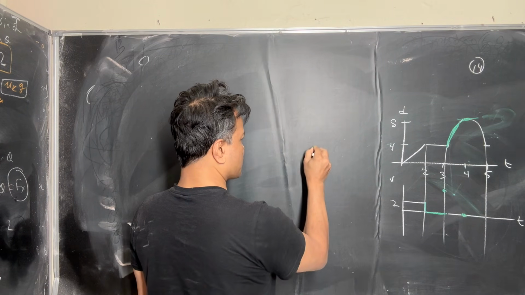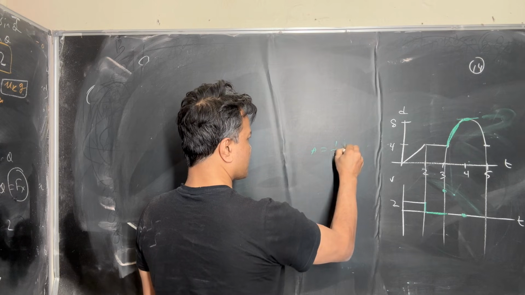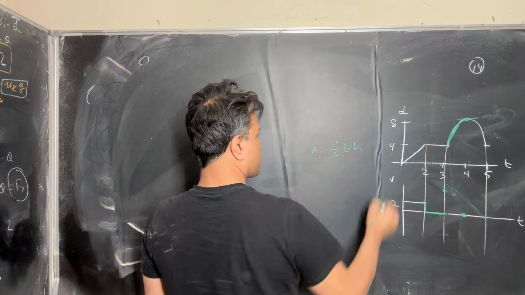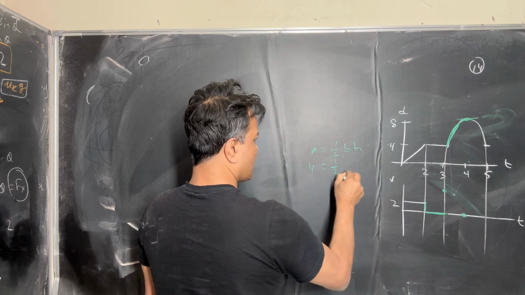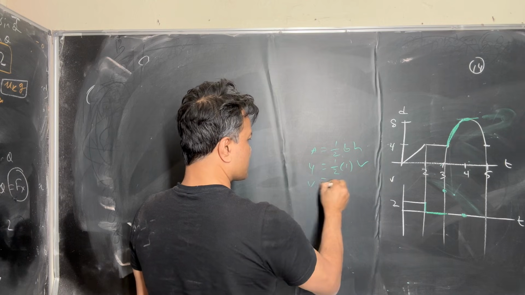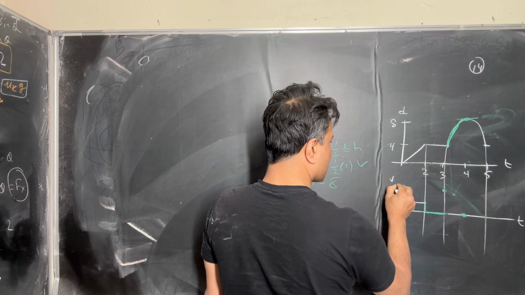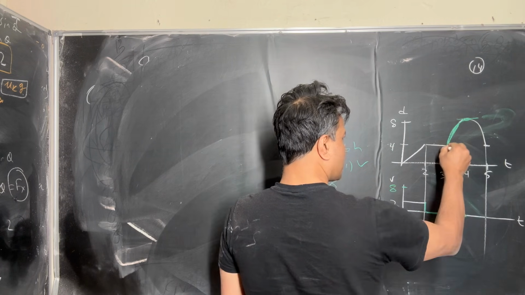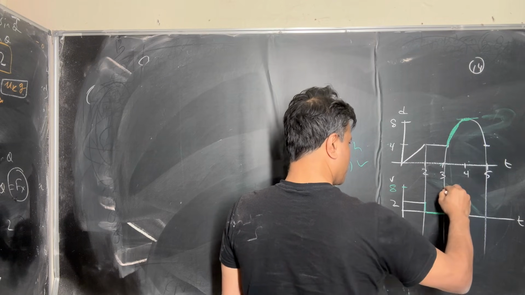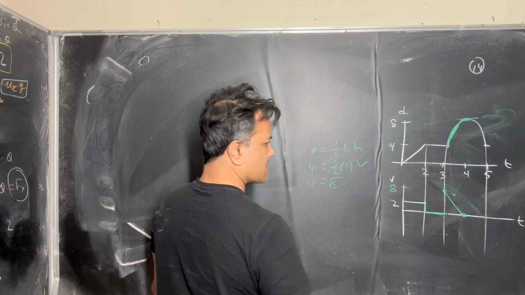So why is that? Because area is half b h. So the area from 3 to 4 seconds, it covered 8, minus 4, 4 minus 3. So velocity is 8. So here the velocity is 8. So from 8, velocity goes 8 to 7 all the way to 0. Okay, great.